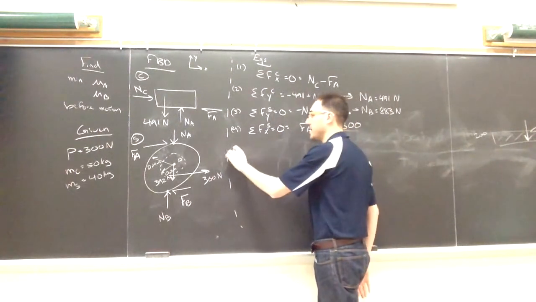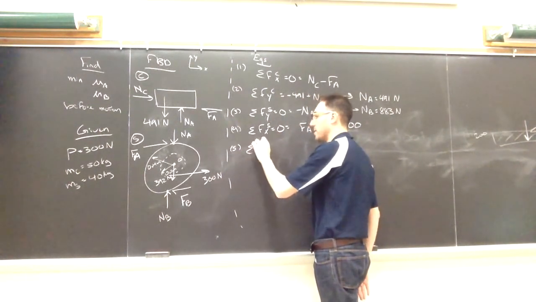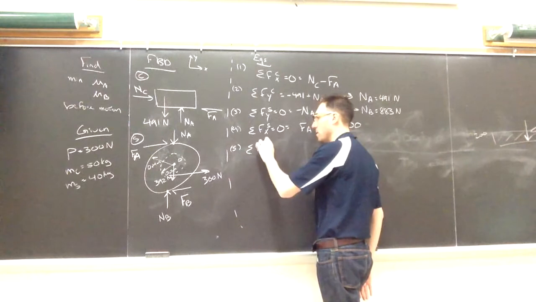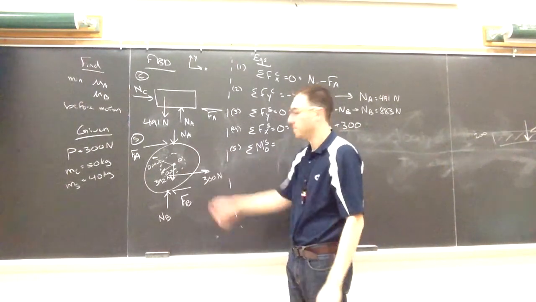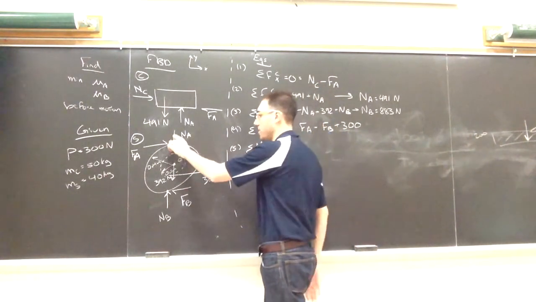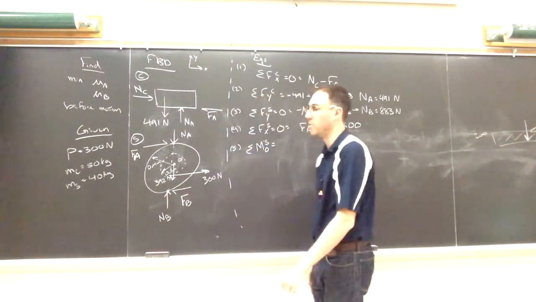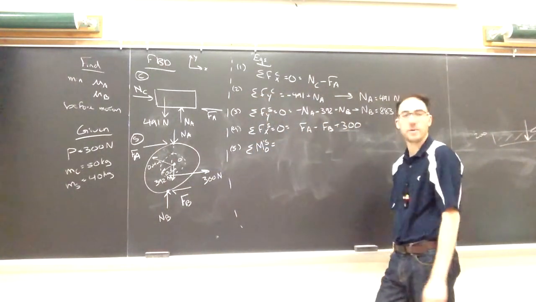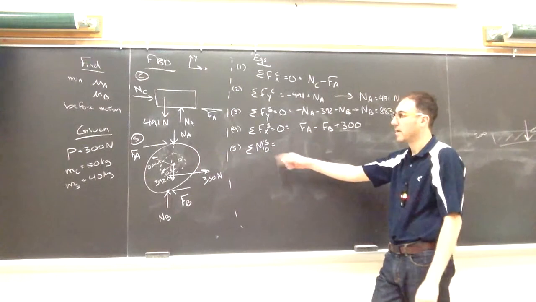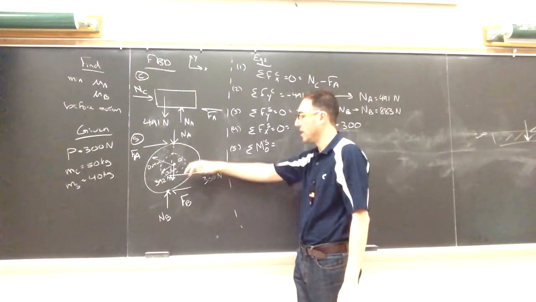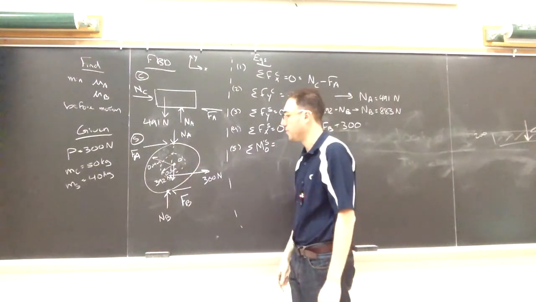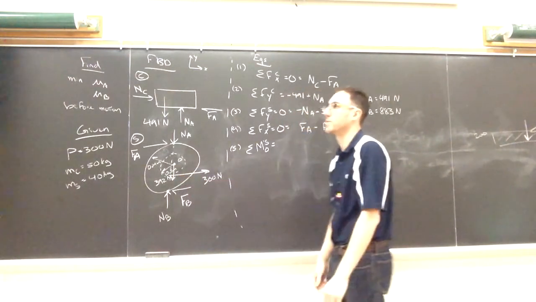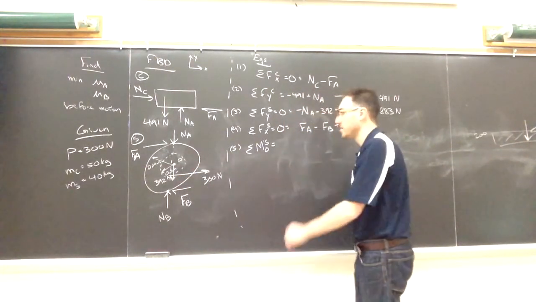And on this one, I can take the sum of moments, and I'll just do it around the center of the spool, that point O there. The normal forces are going to act through the center of the spool, so they are not going to contribute to the moment around point O. I'll have a moment caused by this applied load of 300 newtons that is 0.2 meters away, and that is going to be counterclockwise.